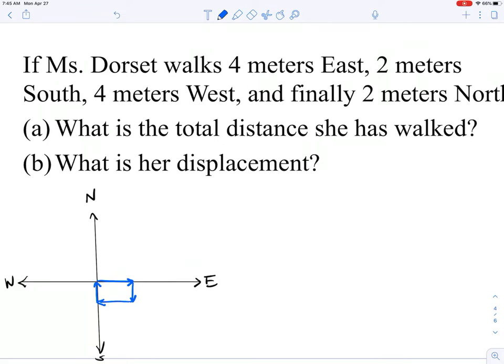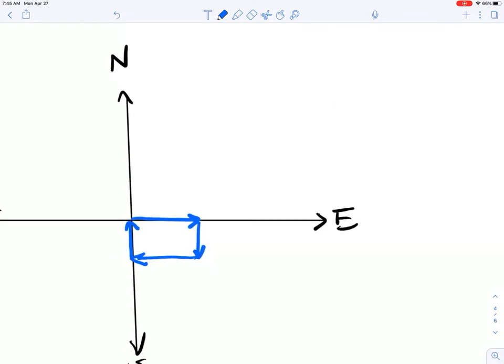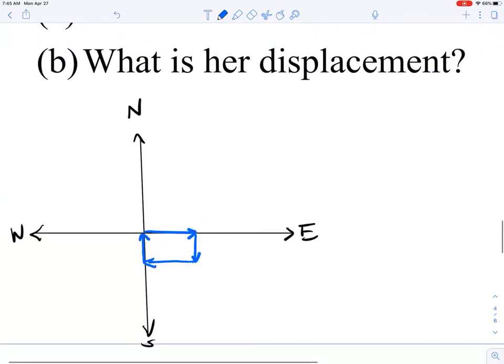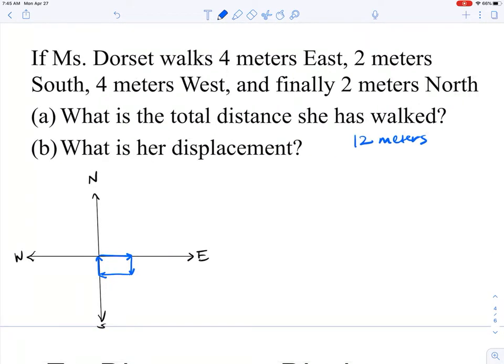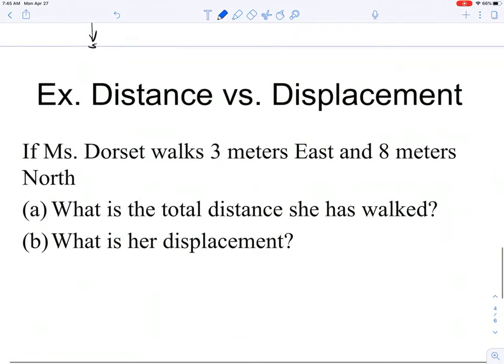So 4 meters plus 2 meters plus 4 meters plus 2 meters, what is that? 4 plus 4 is 8. Yeah, so 12 meters would be the total distance that I've walked. But we can see from drawing this picture in the XY plane that my total displacement would actually be 0 meters.